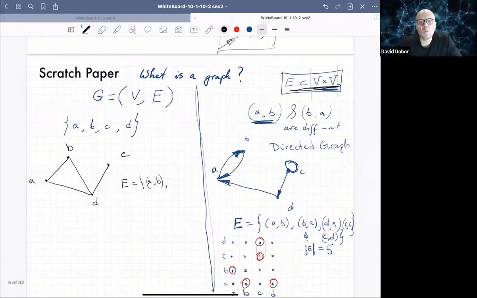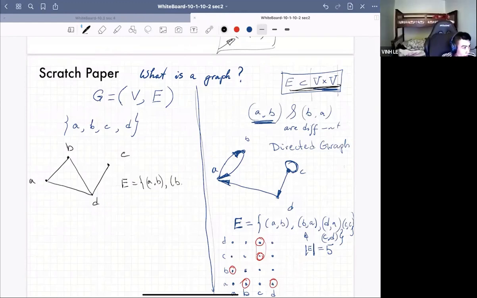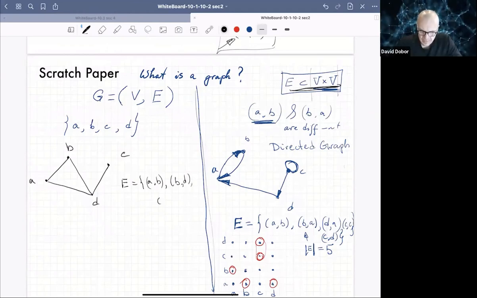How many different ways are there of drawing these edges between pairs of elements? So in this case, I didn't draw all of them. I could have drawn AC and I could have drawn BC, but I don't have those. I just have AB, BD. I have CD. And I also have AD. I just drew 4 edges here.